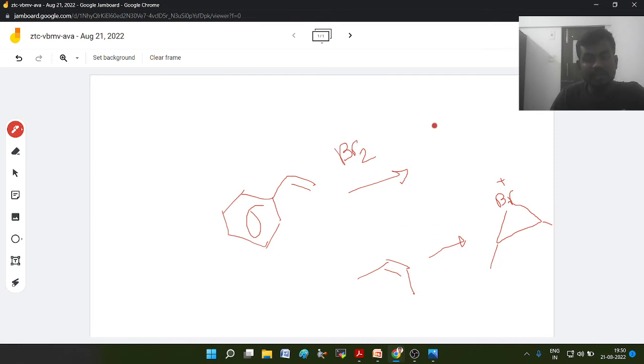Now, similarly, we can think of a situation like this. There will be formation of a cyclic bromonium ion. We can think of it like this also. Of course, the rho value will be negative, so this is a carbocation type intermediate.